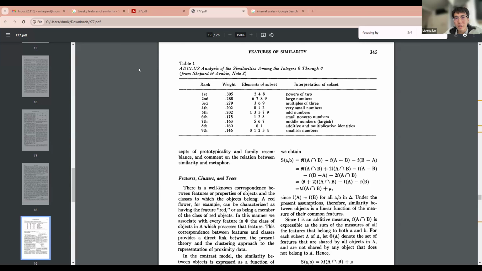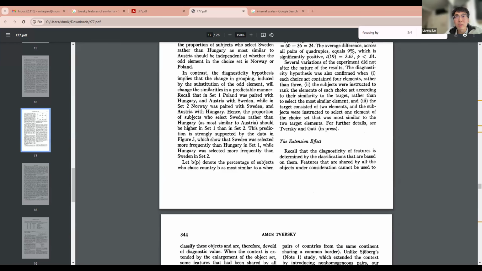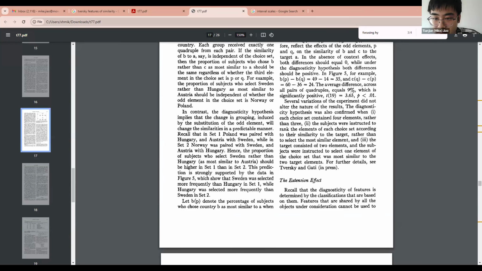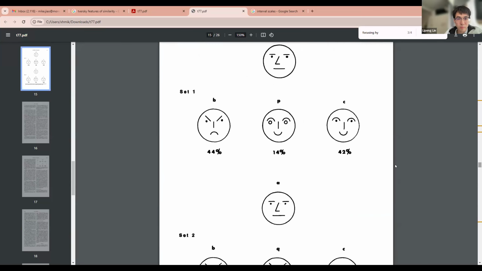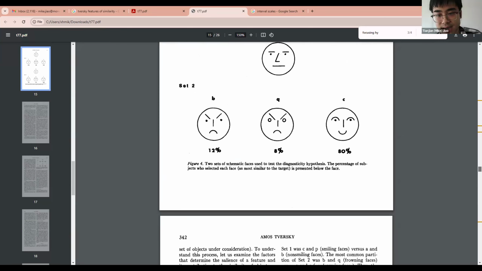And can I ask, when they present three faces or three countries, what did they ask participants to do? I didn't do the reading. No worries. So I think the setup was that different groups of participants will be presented a set. We have two sets.